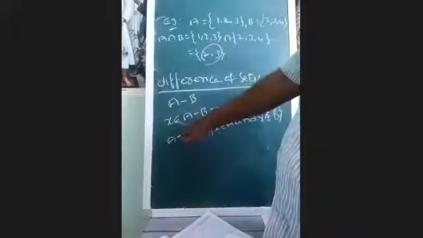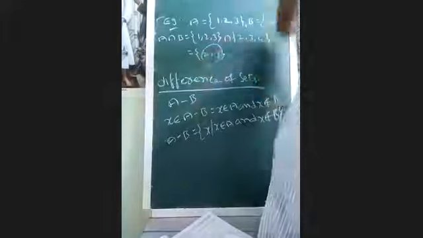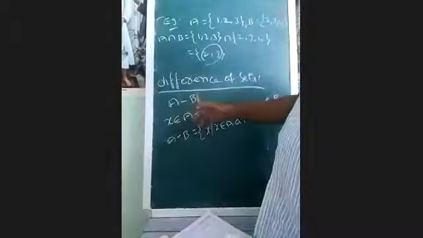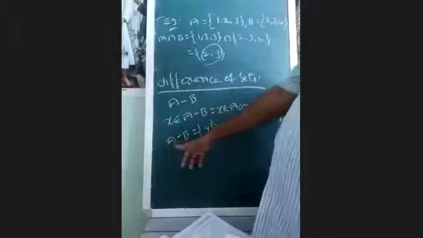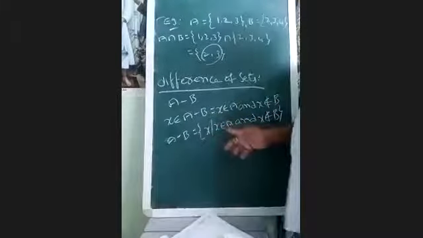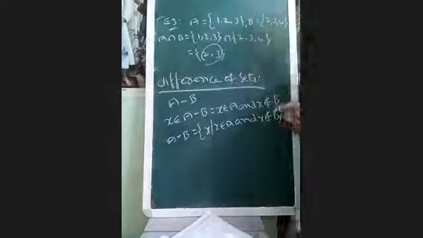Difference of two sets means the set of all elements which belongs to A and does not belong to B. Set builder form means A minus B is equal to {X such that X belongs to A and X does not belong to B}.